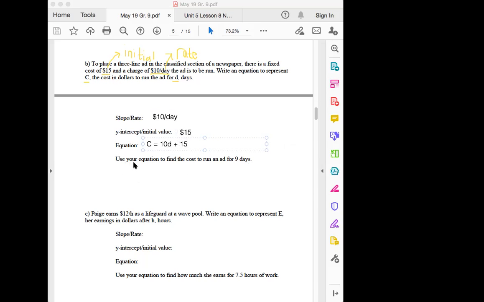And then it's asking, use your equation to find the cost to run an ad for 9 days. So where our D is, we're going to replace it with 9. Okay, so that gives us 90 plus 15, sorry, which means that it would cost us $105.